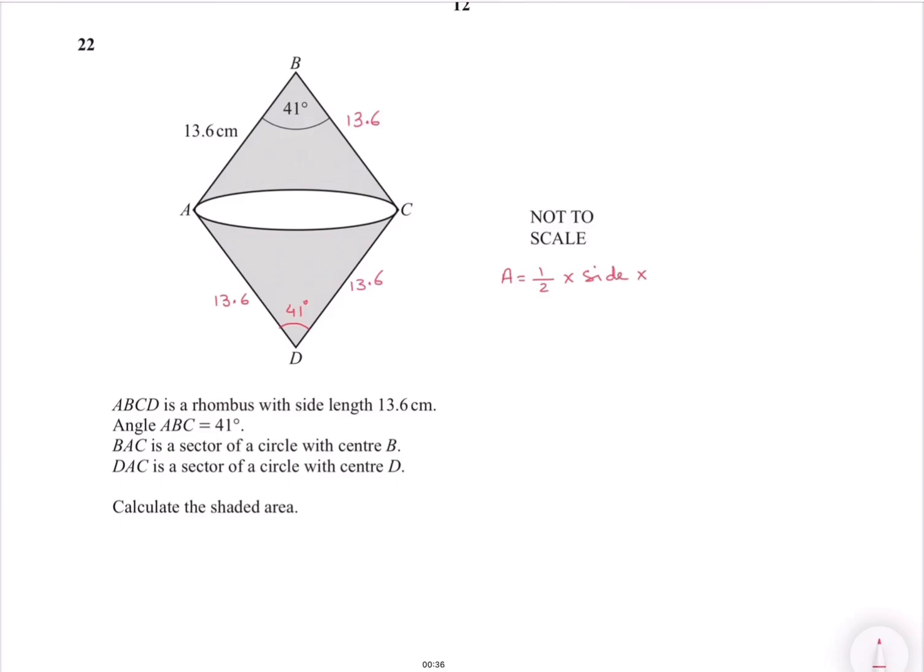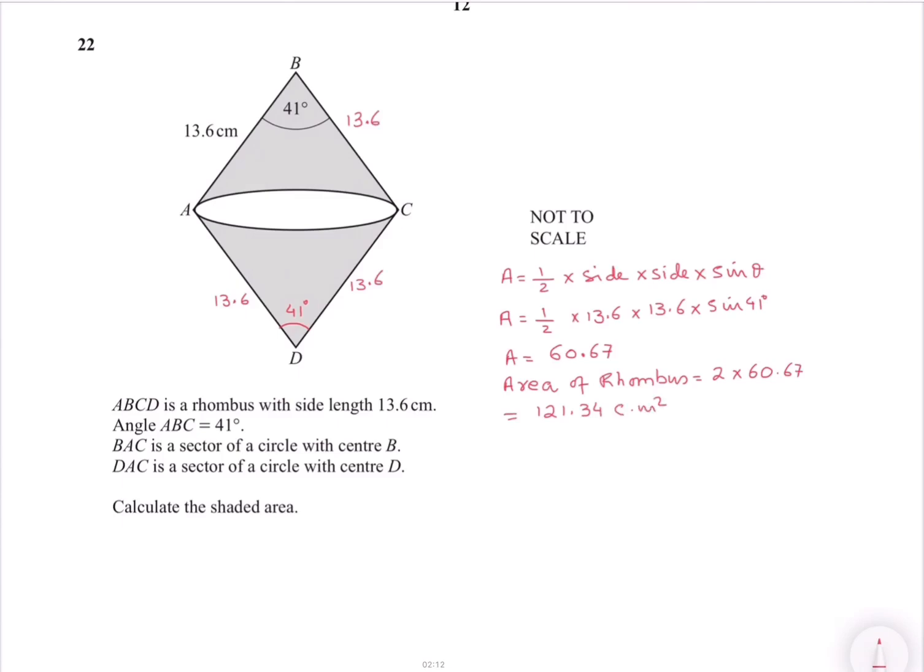So 1/2 into side into side into sine of theta. So 1/2 into 13.6 into 13.6 into sine of 41. So your area is 60.67. So the area of the rhombus would be, you multiply 60.67 by 2. So this is your whole area of this figure.